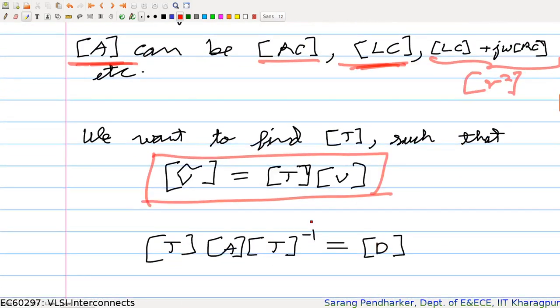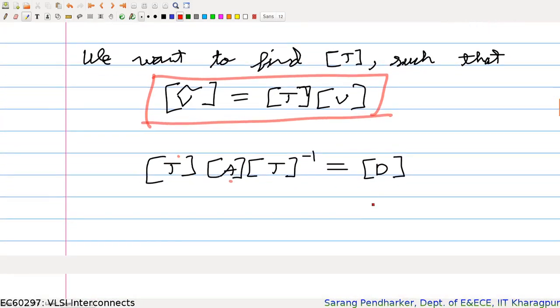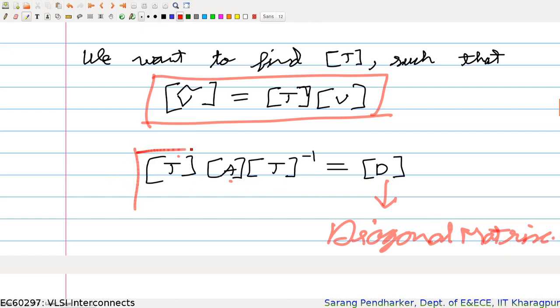So finally what I want is that my T into A into T inverse should be a diagonal matrix. This is the diagonalization or decomposition that I am interested in.